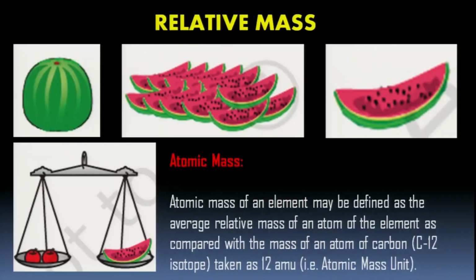What is that AMU? AMU means atomic mass unit. So, children, how do we define atomic mass? Atomic mass of an element may be defined as the average relative mass of an atom of the element as compared with the mass of an atom of carbon, that is C12 isotope, taken as 12 AMU, that is atomic mass unit.